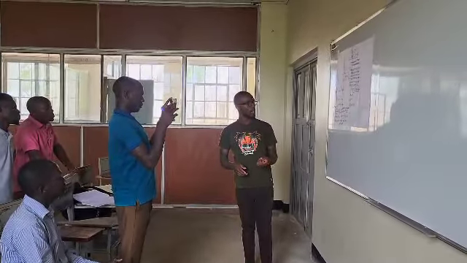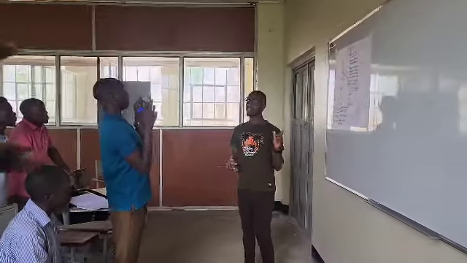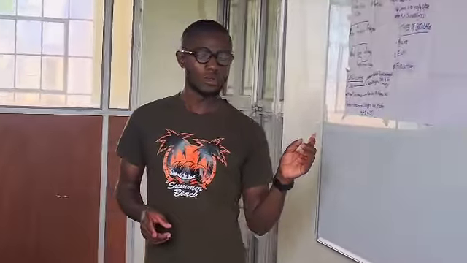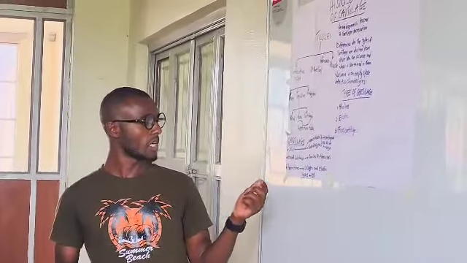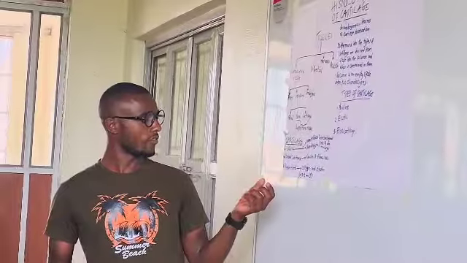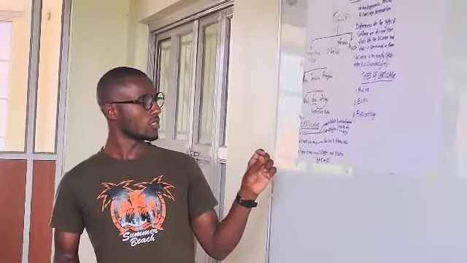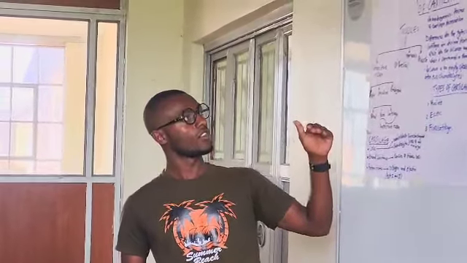And the collagen that we have in this cartilage is type 1 collagen and type 2 collagen. Mostly we find type 2 collagen almost at the center of the cartilage, and then type 1 at the peripheral end of the cartilage.